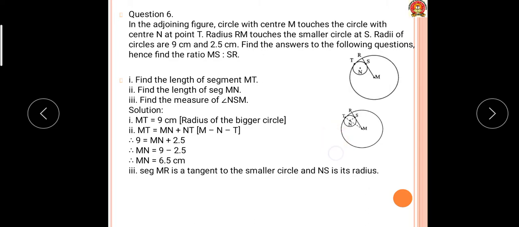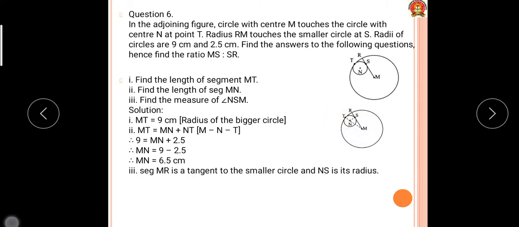Now NS or NT, what is this? NS and NT are the radius of the smaller circle, that is 2.5. And therefore, MT is 9, NT is 2.5. What is MN? MT is equal to MN plus NT.